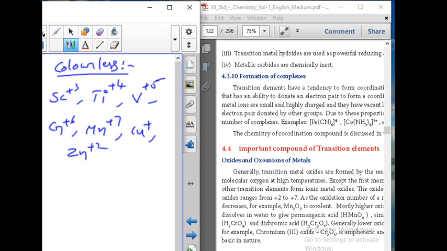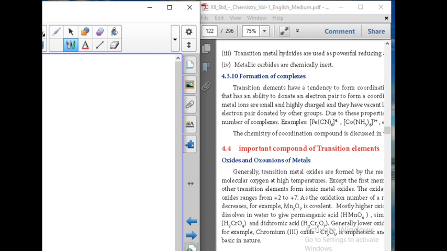If you write the electronic configuration of all these elements, we have only D0 configuration, and some of them have D10 configuration. So any element having D0 or D10 configuration, we can say it is colorless.